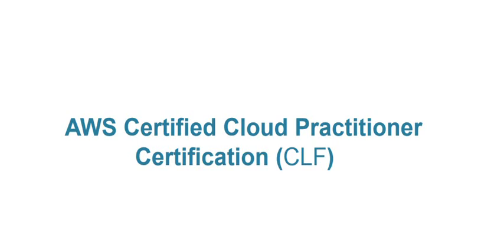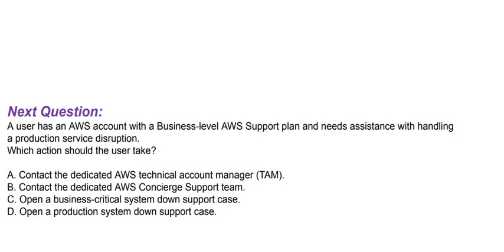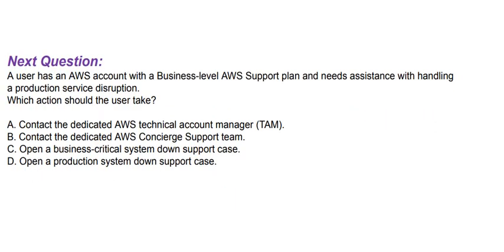Today's question is: A user has an AWS account with a business level AWS support plan and needs assistance with handling a production service disruption. Which action should the user take? Option A: contact the dedicated AWS technical account manager.